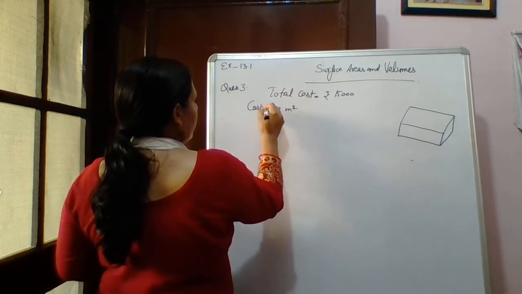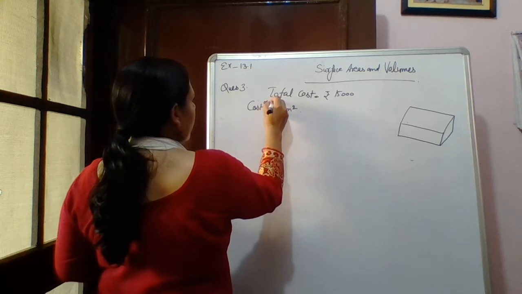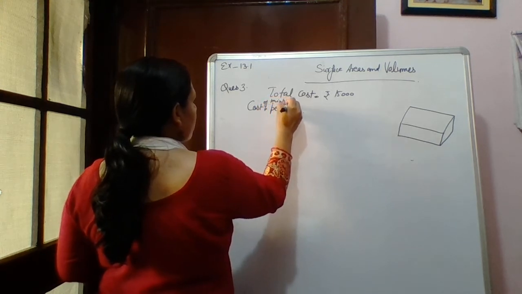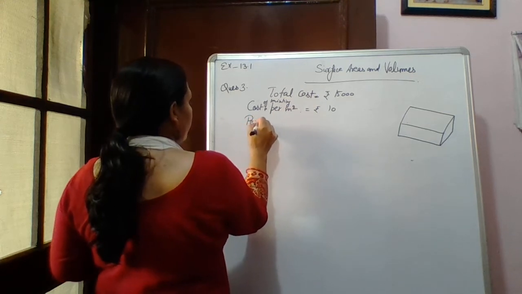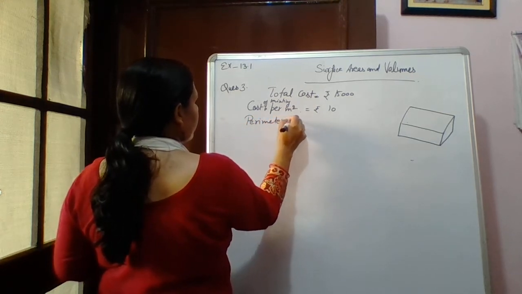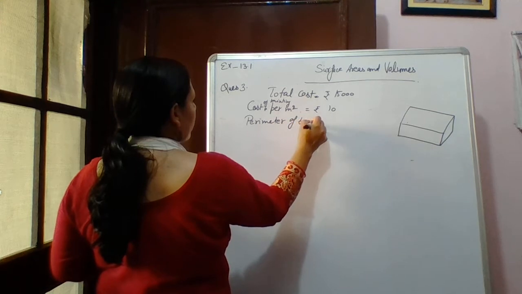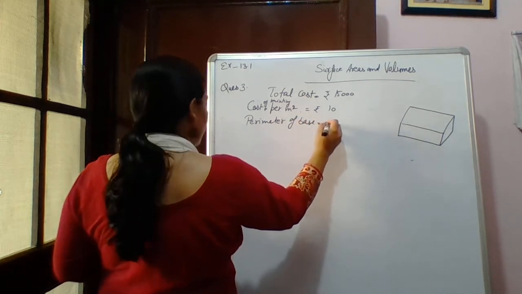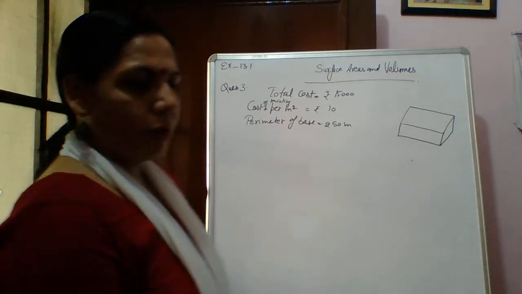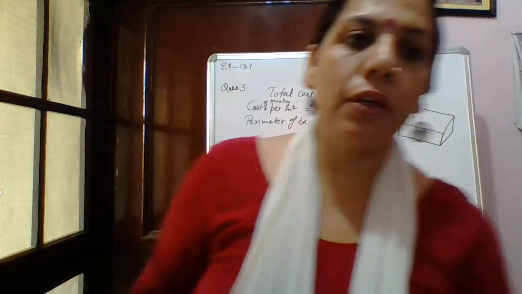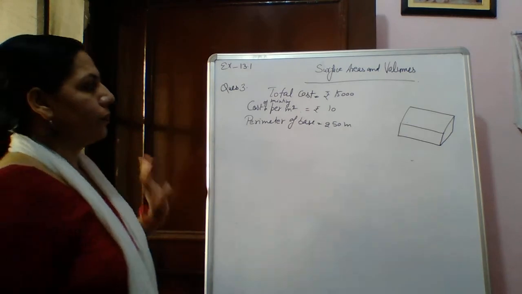Cost of painting per meter square is rupees 10. Perimeter of base is given as 250 meters. And what we have to find out? We have to find out the height of the given hall.